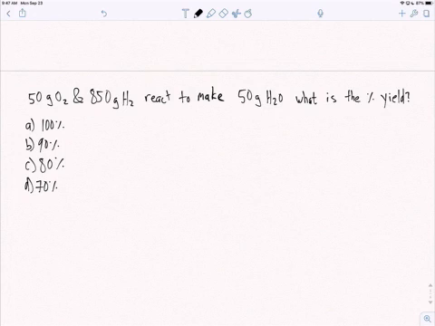Just to drive the point home, I want to see if you can, if you look back, of course, divide the other number by 2.